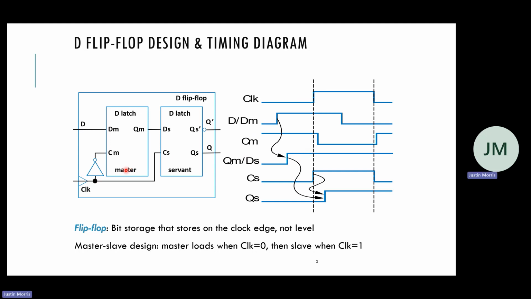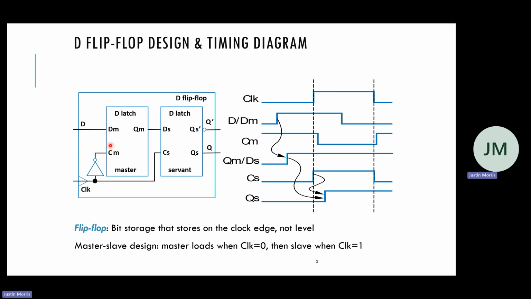What happens when the clock changes from 0 to 1? That disables this first latch, so it will hold the output Q no matter what happens at D while the clock is high. Because when the clock is high, this clock is 0, and that means it's disabled.